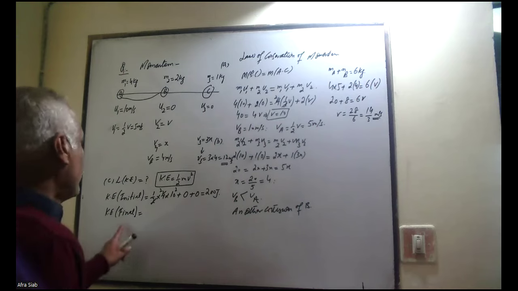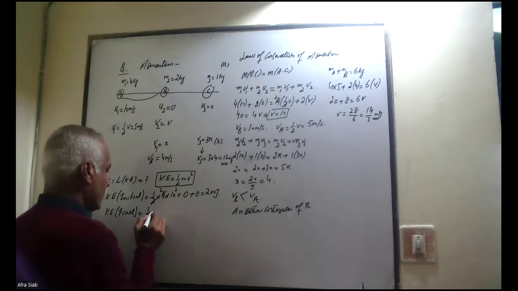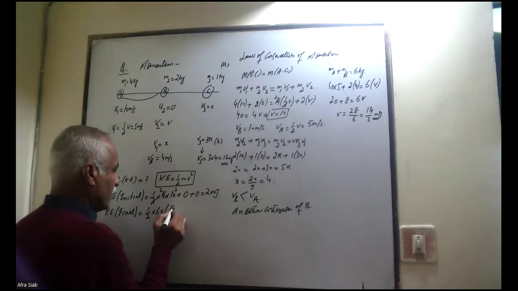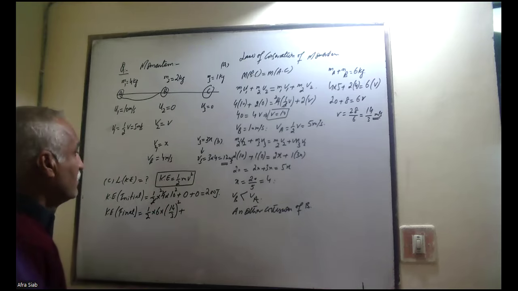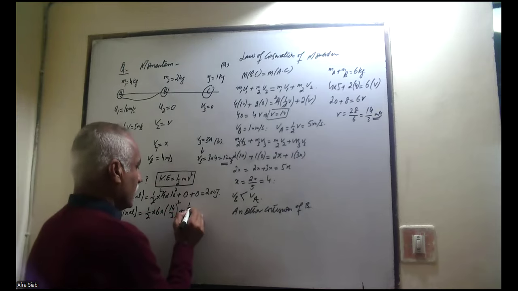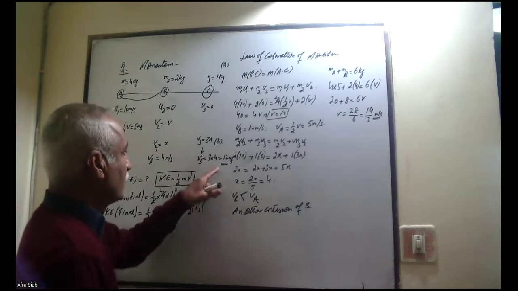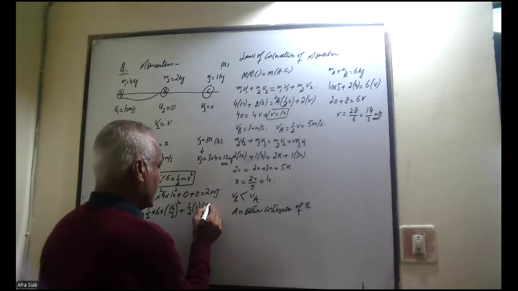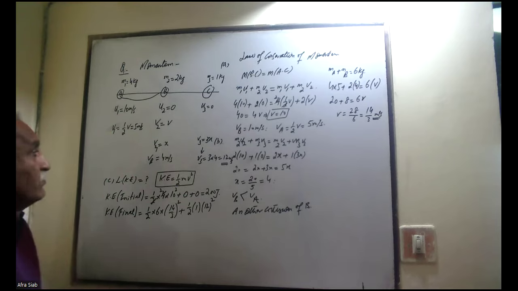Now we are going to use it for the final. So it should be equal to half into mass of this particle, 6, into 14 over 3 whole square, plus kinetic energy of particle C, which is half, mass of that particle is 1 and the speed of that particle is 12, whole square.